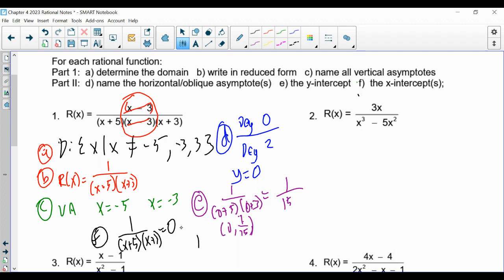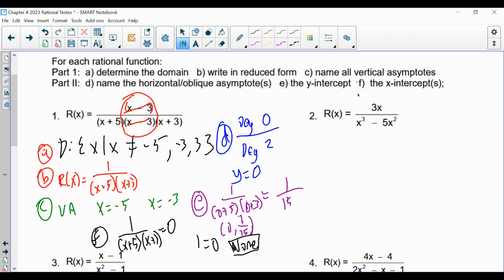On the right side, when you multiply by the denominator, you get 0 times anything, which means you get 0. So you'll notice you just take the numerator, set it equal to 0 to find the x-intercepts. You'll notice there is no x here, which means there is no x-intercept. So you have none. If it was like x plus 7 equals 0, then you'd solve that for x equals negative 7. That would be your x-intercept. But in this case, we have none.